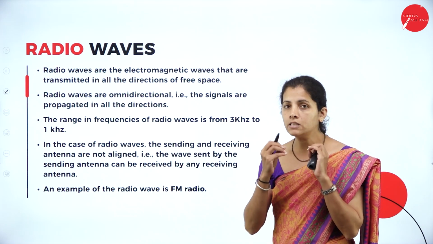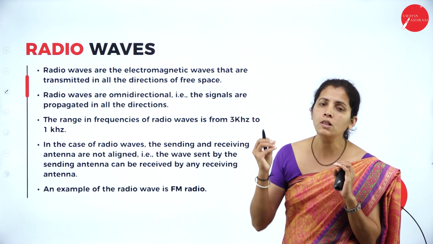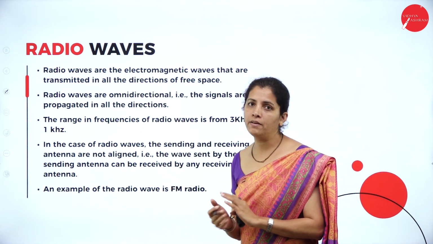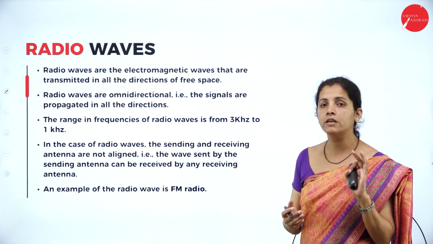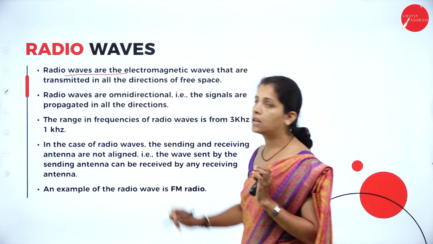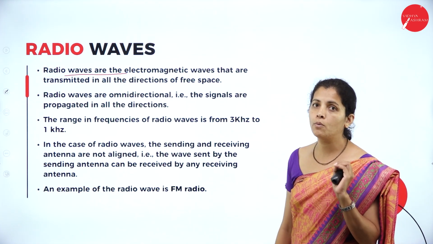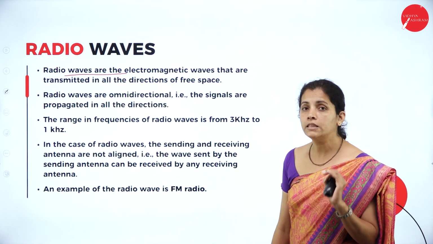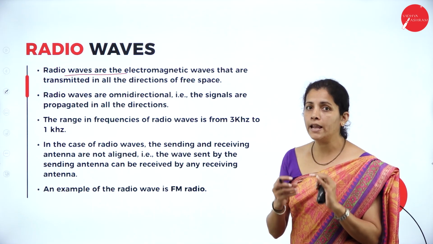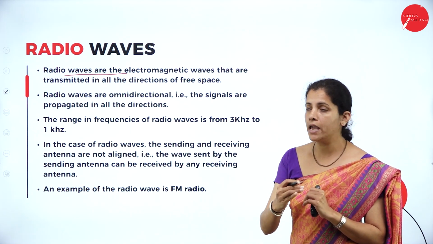Now, whatever signal I am going to get, that is going to cover all the directions. So, dear students, the best example for radio wave is the radio station. Radio waves are electromagnetic waves or electromagnetic signals that are carried through the air. All the electromagnetic signals are carried through the air.